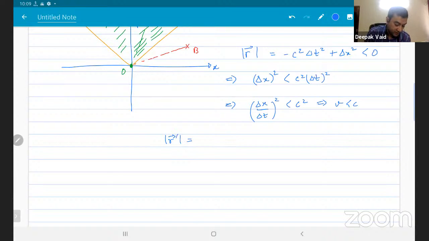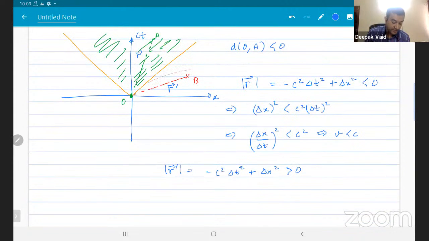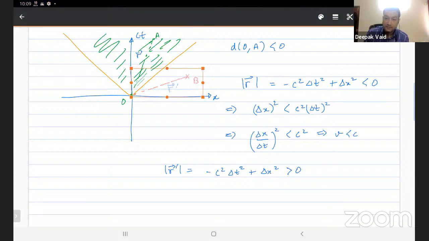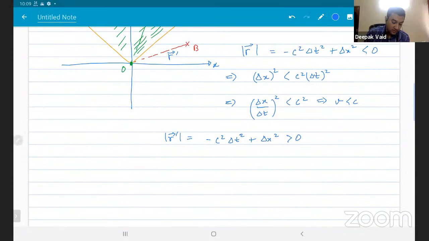Let me call this r prime. What is the length of this r prime? Again, minus c squared delta t squared plus delta x squared. Now this is greater than 0, because I can see that this line has a slope which is less than 1. So this means that delta x by delta t is greater than c for these two points O and B.